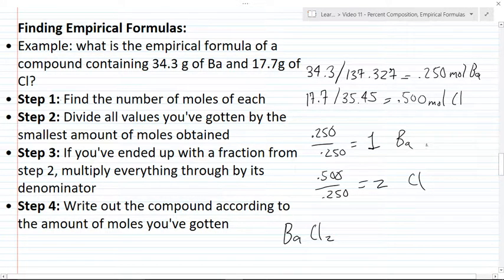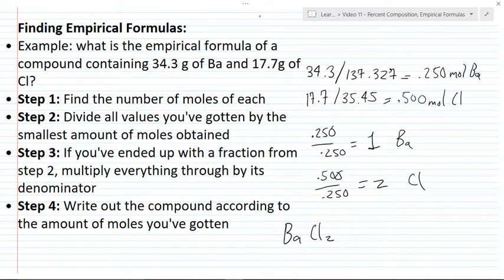And then if we get a fraction, like say this was 1.33 or 4/3, we'd want to multiply through by the denominator, which is 3, to get whole numbers. Because again, you would never see something like HO 1/2. That's just not a thing. So that's an optional step here that we didn't have to do.